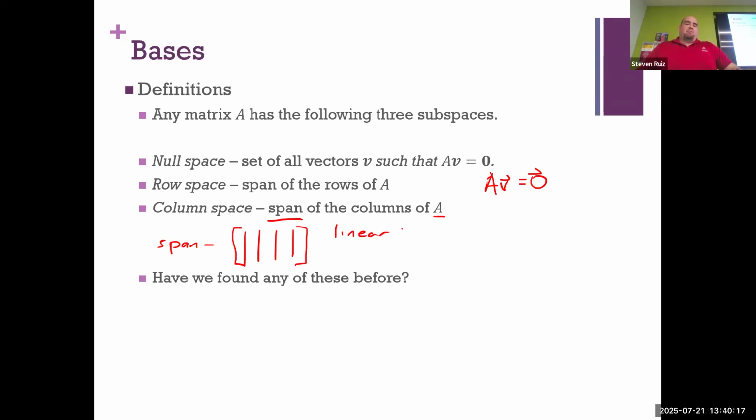If I take those columns, multiply them by whatever real numbers I choose, then add all those things together, all the different combinations I can make, that's the span. If the columns are linearly independent, then those vectors are also a basis.